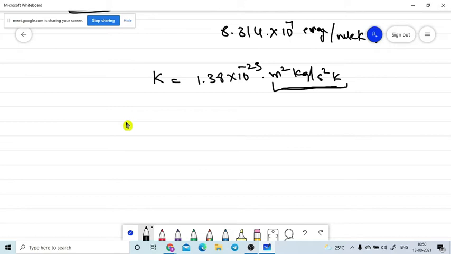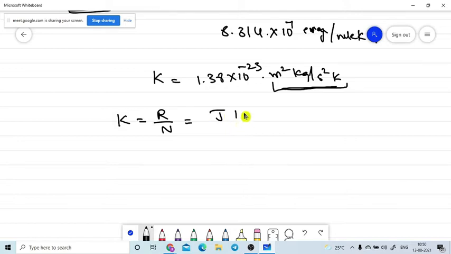Capital K is equal to R by N, but N is in atoms per mole. So what are the units of R? Joule per Kelvin.